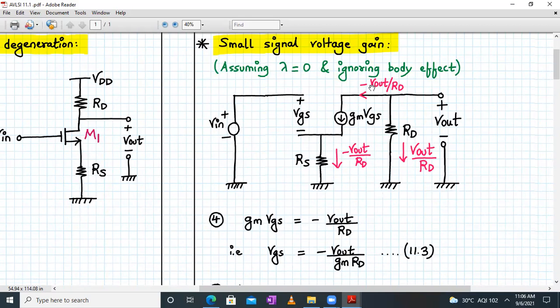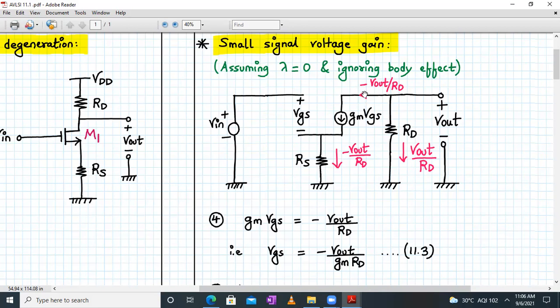So here the current leaving is minus V out upon RD, and that should be equal to this value, because the direction is different. If I consider the other direction, it will be V out upon RD. But since the direction is opposite, we write minus V out upon RD. This current flows through the resistor also, so here also we have written minus V out upon RD. Any doubts here? You can ask.